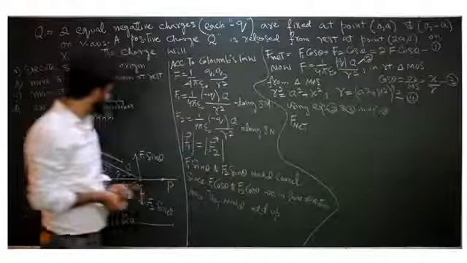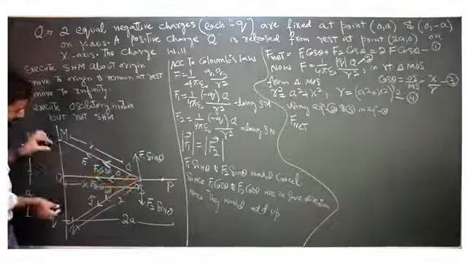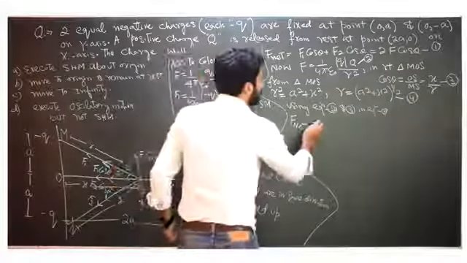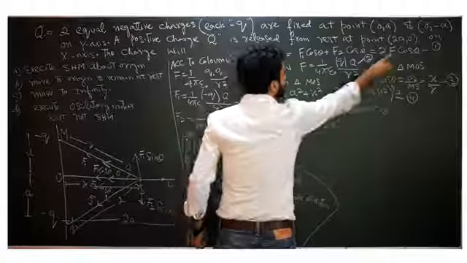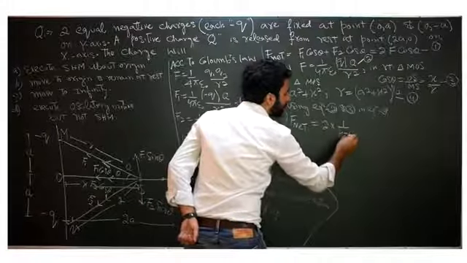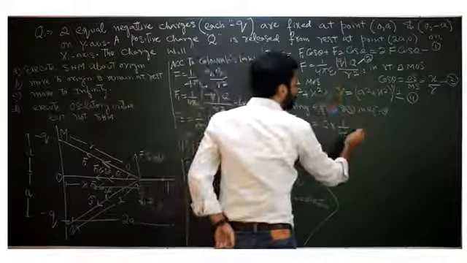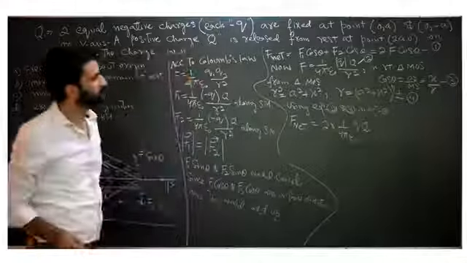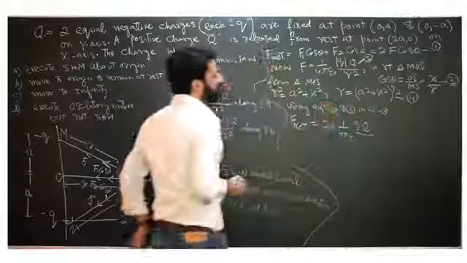What is this net force? This is the net force acting on this charge capital Q due to these two charges minus Q each. So F net will be equal to twice F. F we have here 1 by 4 pi epsilon naught. Obviously we have taken only the magnitude of these charges, small q into capital Q, then R divided by R square.